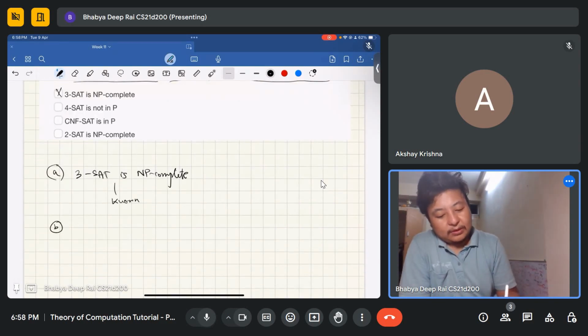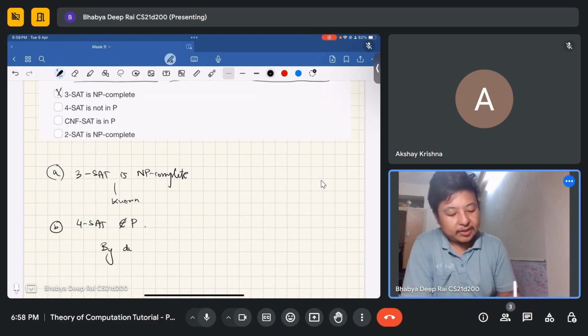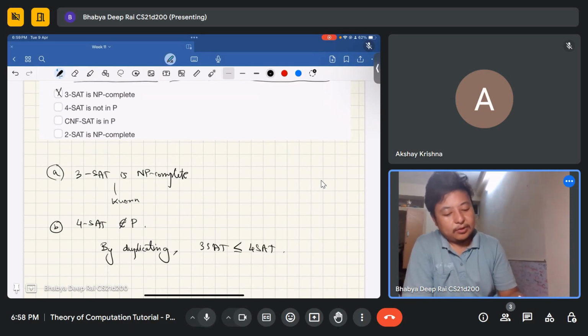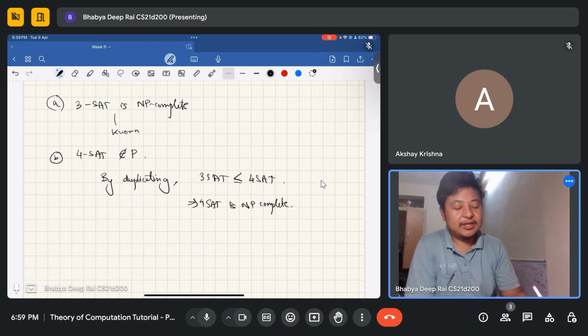Now, 4SAT is not in P. By the duplicating argument that we saw before, 3SAT reduces to 4SAT, which would mean that 4SAT is NP complete. Actually, we don't even need this, but anyway, 4SAT is NP complete.